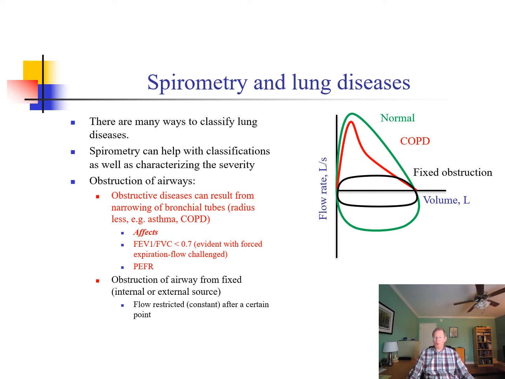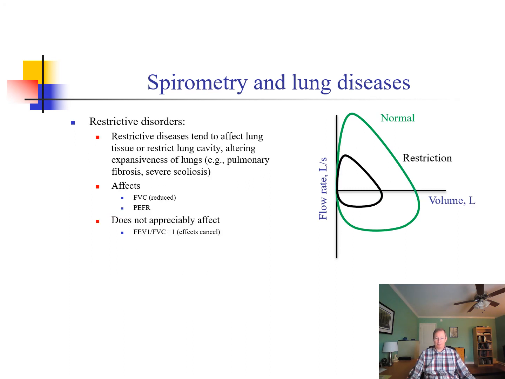And so these are two quantitative measures that I can get from a flow loop diagram for a person with an obstructive disorder. If I have a fixed airway, such as tracheal stenosis or a tumor, then what happens is that as I breathe in or as I breathe out, the flow is limited, and it just simply stops at a certain level and then goes back down. And that's indicative of a fixed obstruction.